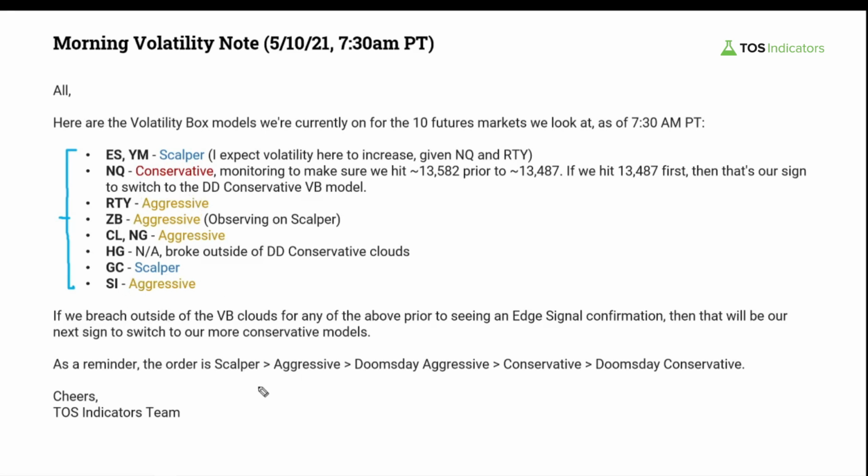And to try and explain that, I think it's important to first explain this terminology and what the different models are. For that, we can come down here in the reminder section where you'll see the order that we've listed out for each of these models. A good way to think about this is almost like a line chart, where as we continue to scale up, from the scalper, we go to the aggressive, the doomsday aggressive, and then the conservative, and finally the doomsday conservative.